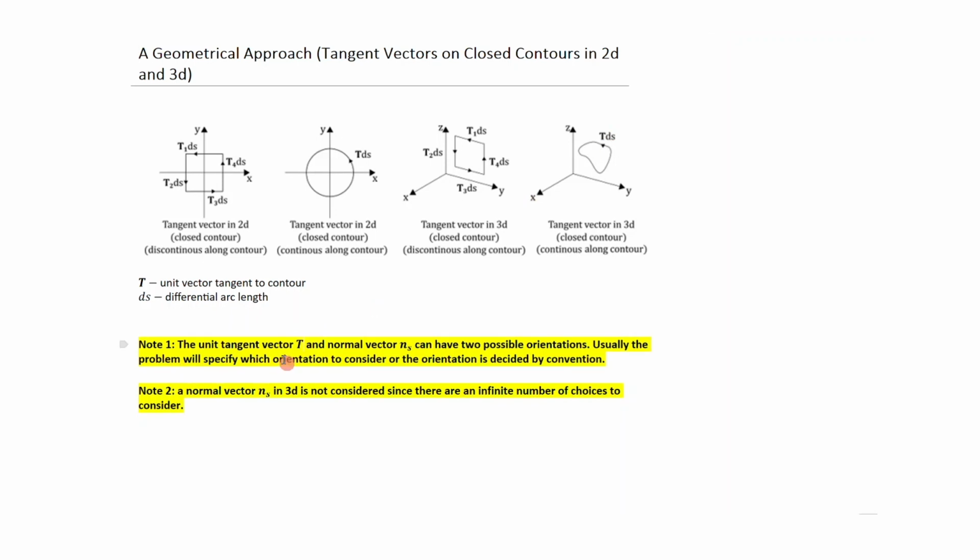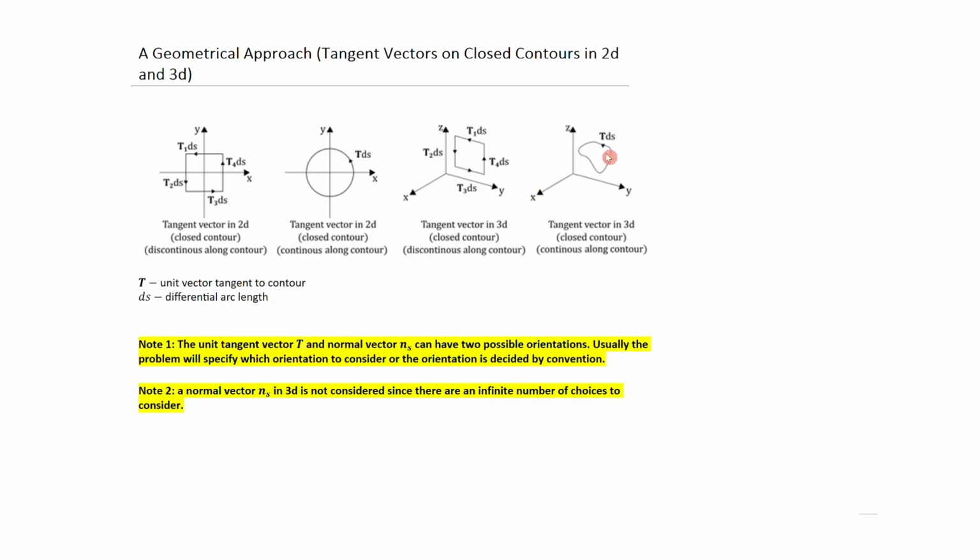Again, note that the unit tangent vector t and normal vector ns can have two possible orientations, and as I stated in the previous slide, usually the problem will specify which orientation to consider, or the orientation is decided by convention. Again, just to reiterate, a normal vector ns in 3D is not considered, since there are an infinite number of choices to consider.